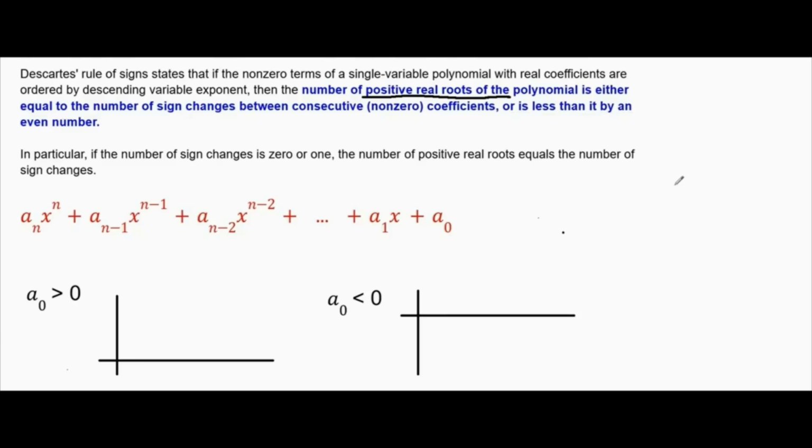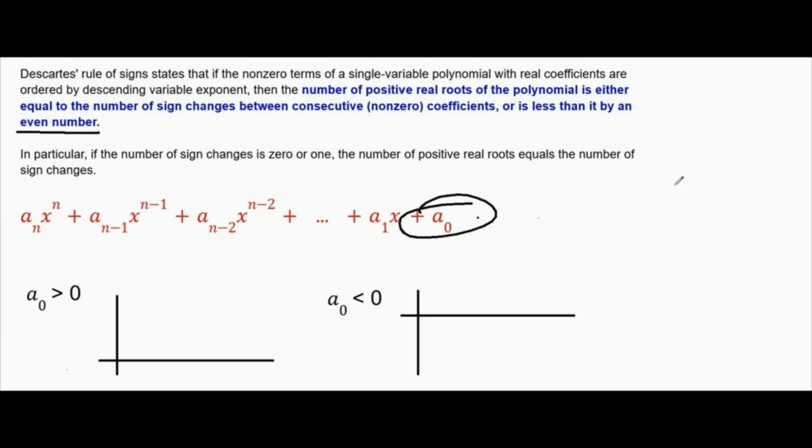So I want to look first at the easier part of this to prove. It's pretty intuitive. So the even number part. For both of these examples here, we're assuming that the leading coefficient is positive.